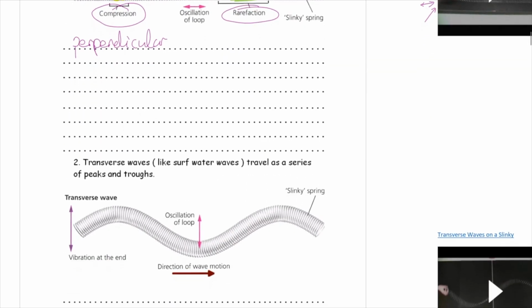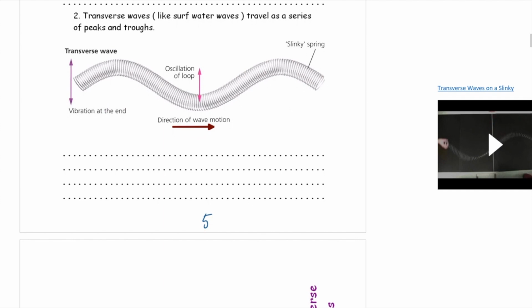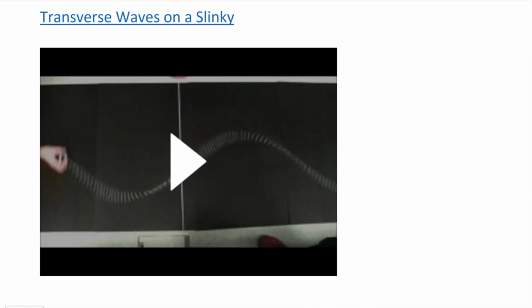Let's now look at the second type of wave, transverse waves. And I'm going to make a few notes on the right of the video as we watch it. This time, what we're going to see is that the particles vibrate up and down. So that's the movement of particles.